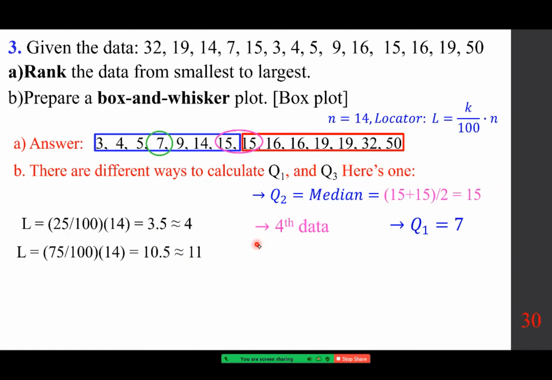So we want the 11th number. This is the 11th number, because this is 7, 8, 9, 10, 11. And therefore Q sub 3 is number 19.